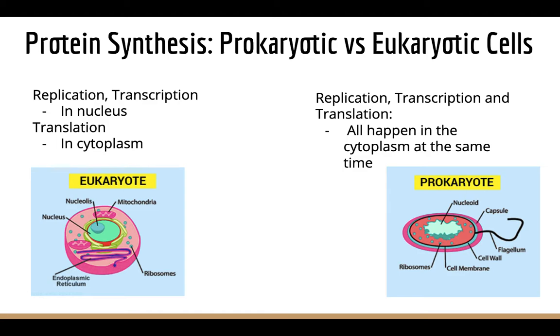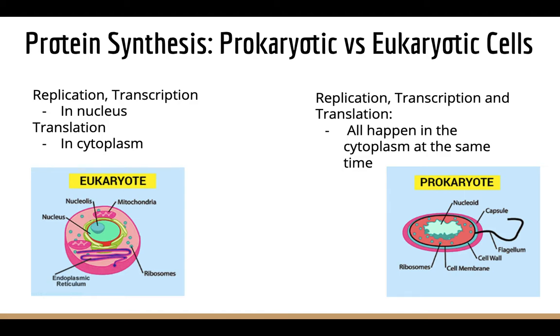So therefore, the processes found in protein synthesis happen in different locations. Replication, copying DNA, which we talked about yesterday, and transcription both happen in the nucleus. And then translation, which is the last step of protein synthesis, the last step of making proteins, happens in the cytoplasm.